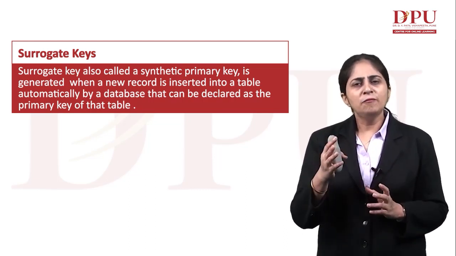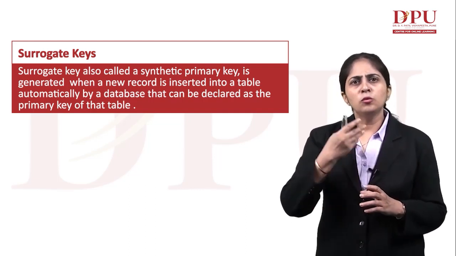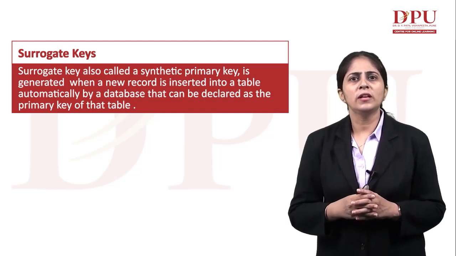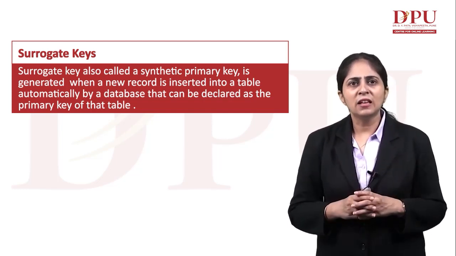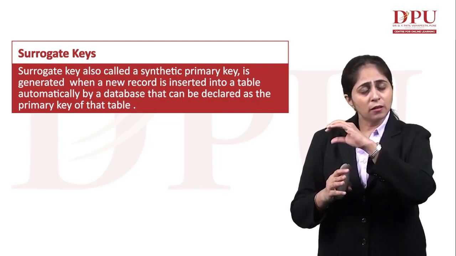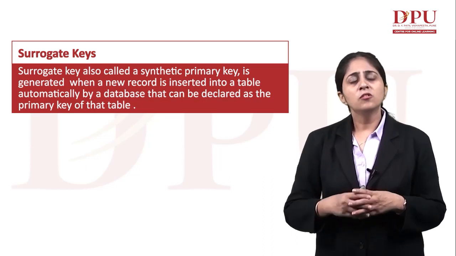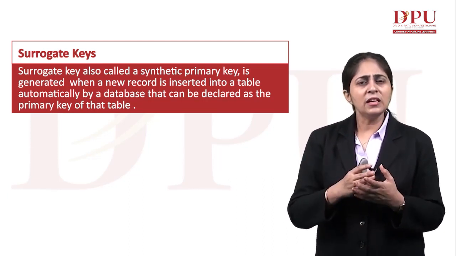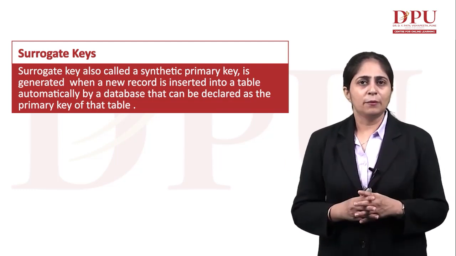So we can say that in case we do not have any natural primary key in the table, then we need to artificially create one in order to uniquely identify a row in the table. We do not have any primary key in our table, but our records have to be referred to with a certain number. So this surrogate key is artificially created by the database.